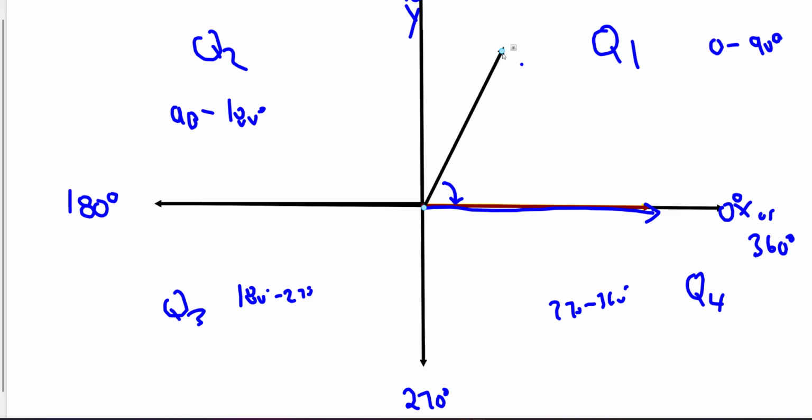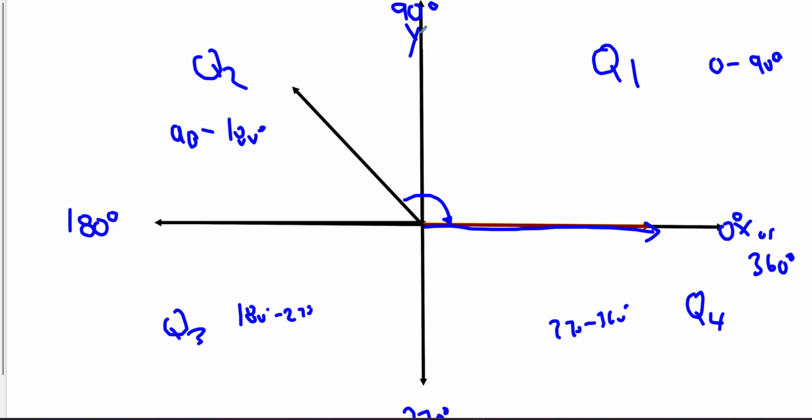So let's say my terminal arm is in quadrant 2. So if my terminal arm is in quadrant 2, that means my principal angle, the angle that I'm calculating, is going to be from here to here. So it's an angle that's obviously bigger than 90 degrees because it's past the 90-degree point, but it's obviously less than 180 because it's not yet 180.